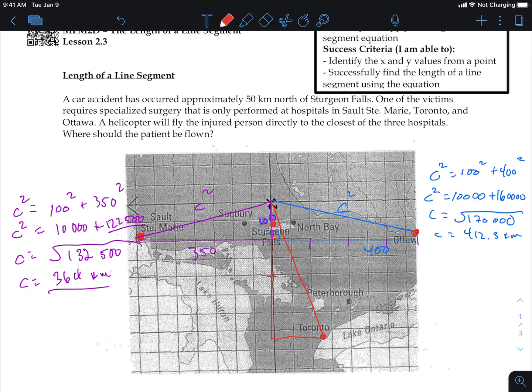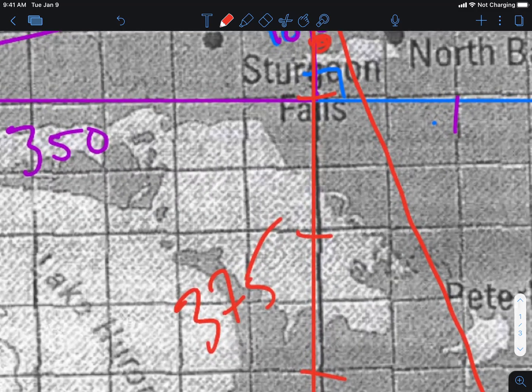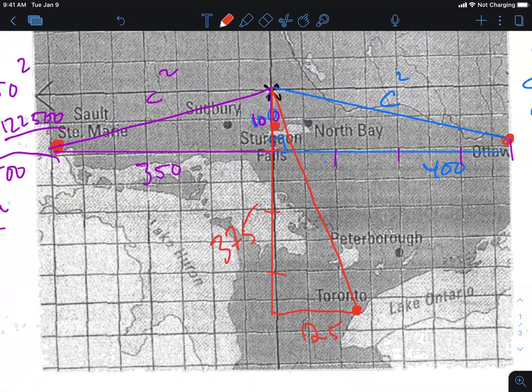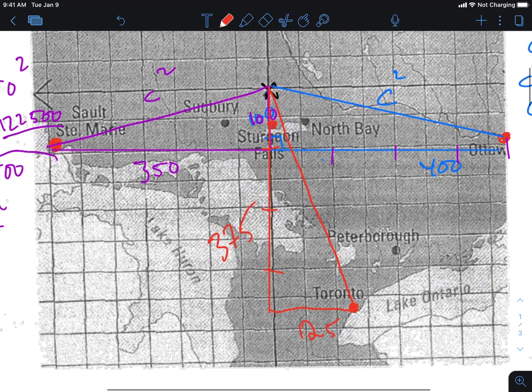Okay? How far down? 100, 200, 300, and I don't know, 375? Is that okay? Approximately? How far over? We'll call it 125. Can you guys see that? Sorry, I know it's horrible. We already know now that it's further. There's no point in doing it. 375 and 125.